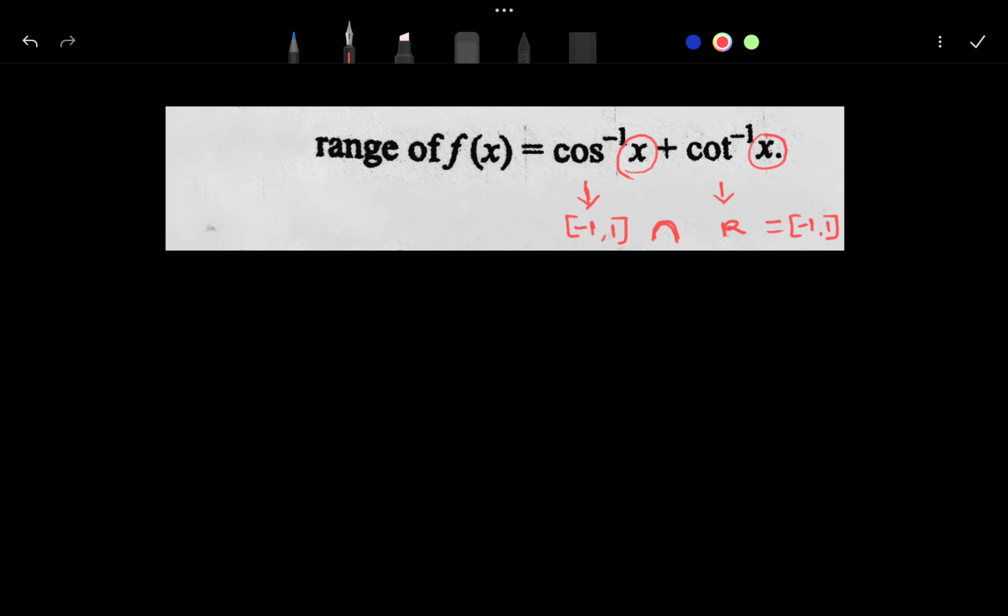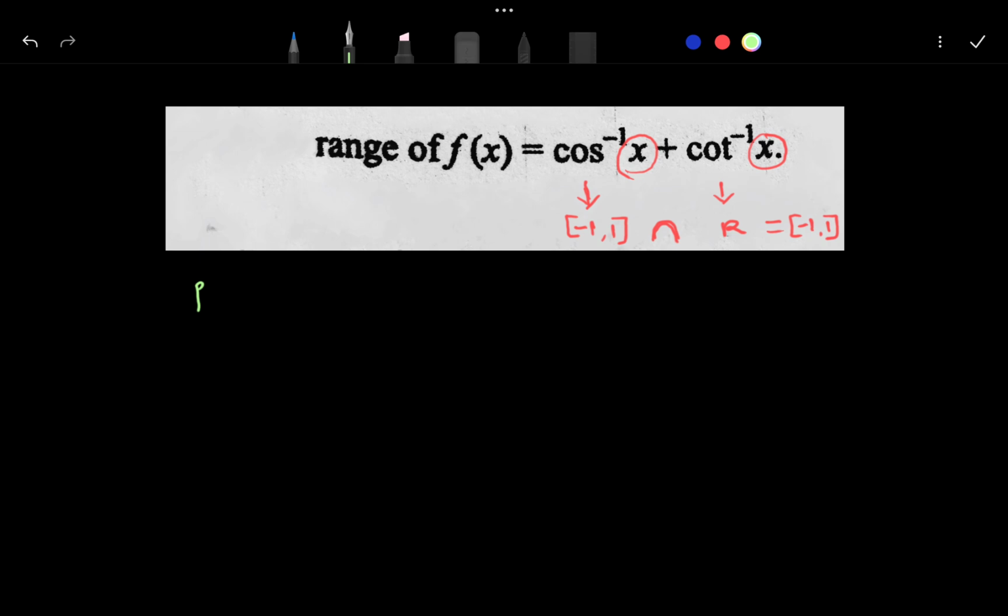After this, you can do this problem by two methods. One is the differentiation method, and the other is finding the value directly. After you find the domain, if you substitute those values in the given function, the smallest output is the minimum and the highest output is the maximum. Otherwise, you can use the differentiation method.